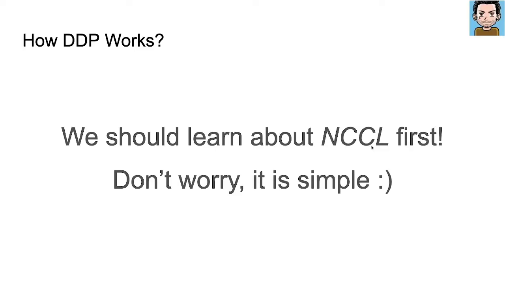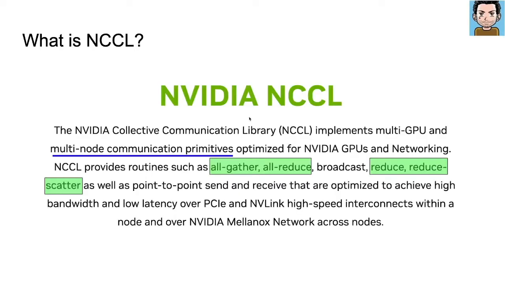Don't worry, it is a simple library. NCCL is a library developed by NVIDIA. NCCL is short for NVIDIA Collective Communication Library. This library provides primitive functions optimized for multi-node communication. Examples of these primitive functions are all gather, all reduce, etc.